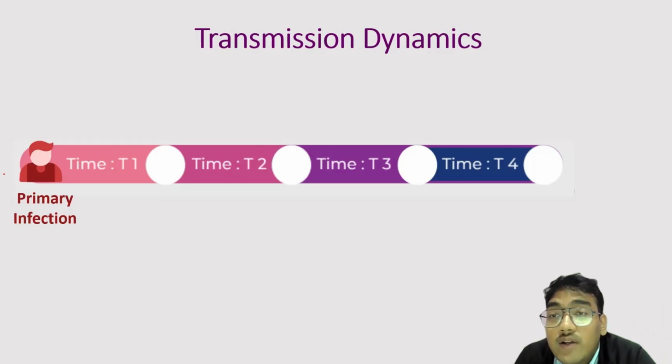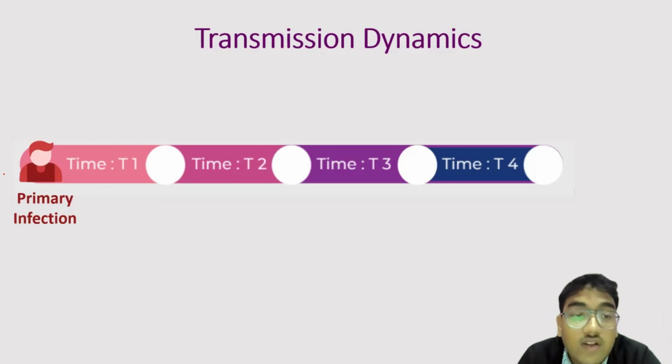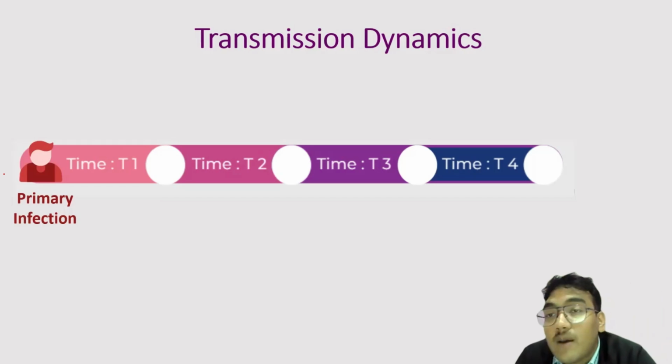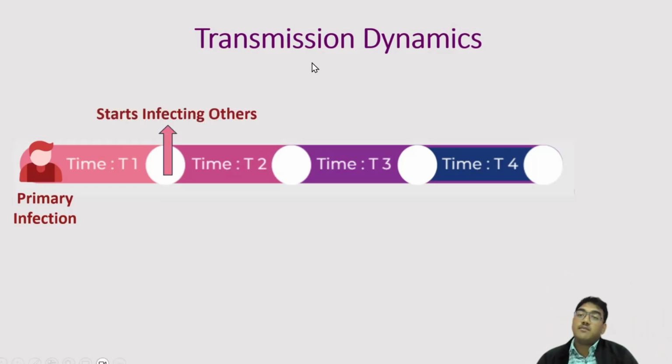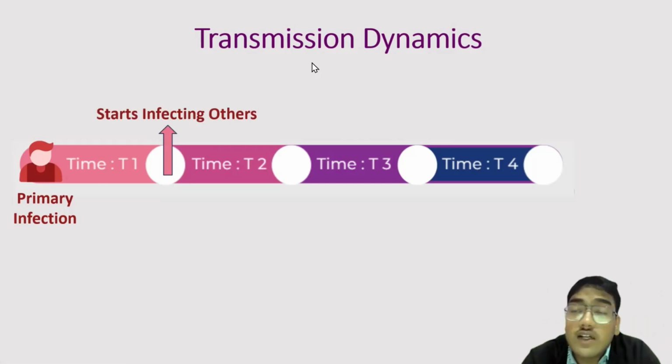Infection means what has happened? The pathogen has established itself in the body of the host. Okay, just lodgement and growth is happening. So infection. Next, after some time, once the pathogen has sufficiently replicated itself, this person will also start infecting others.